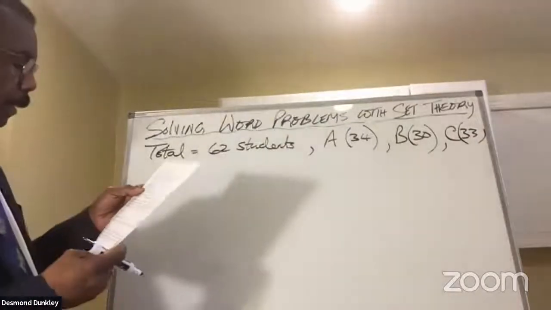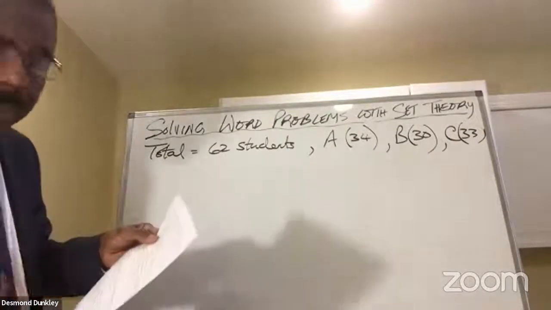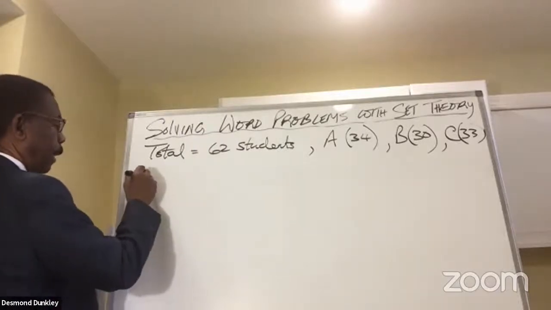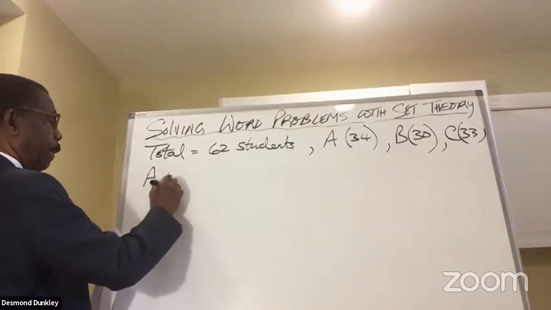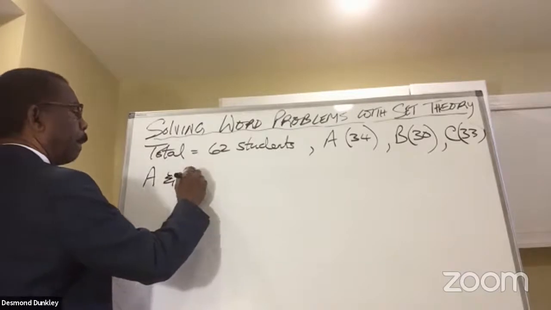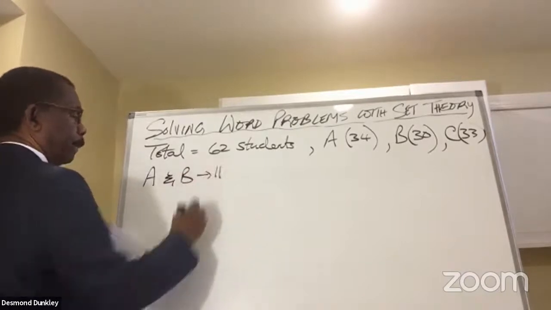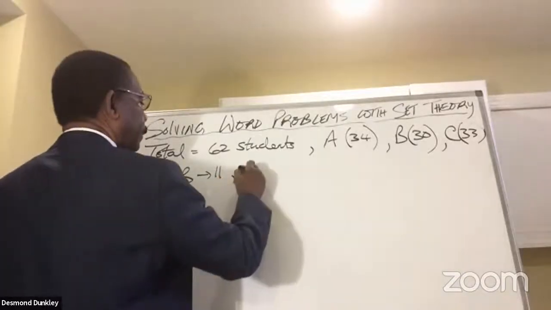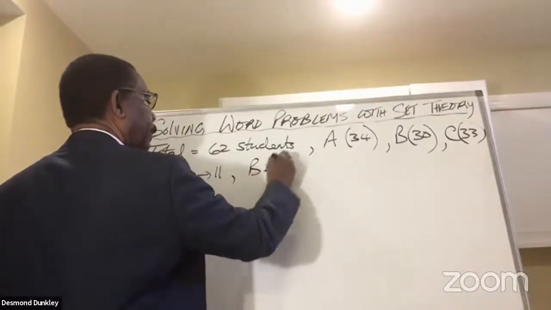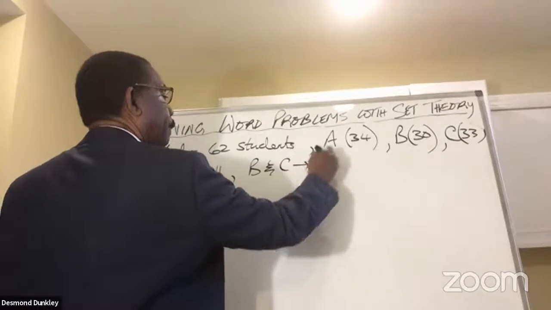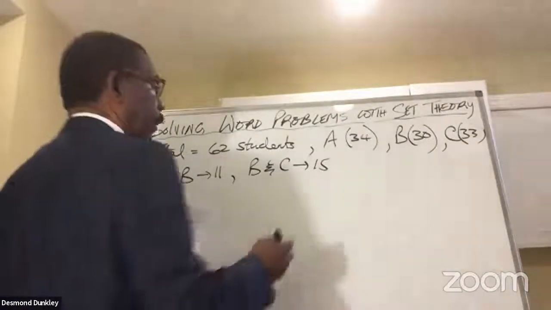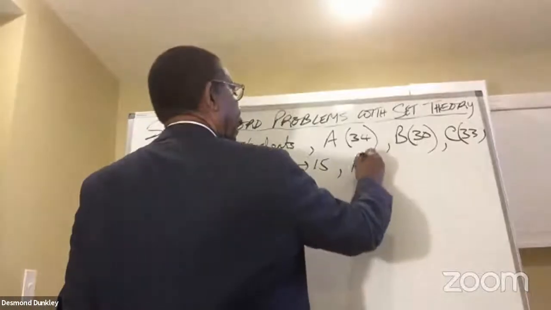Okay, what else do we have? 11 liked apricots and bananas. So A and B, 11. 15 like bananas and cantaloupe. B and C, 15. 17 like apricots and cantaloupes.